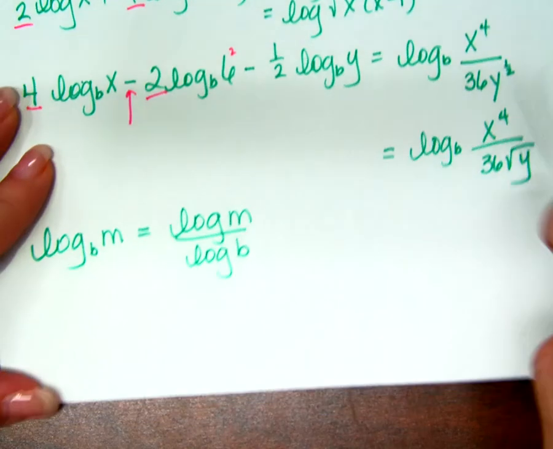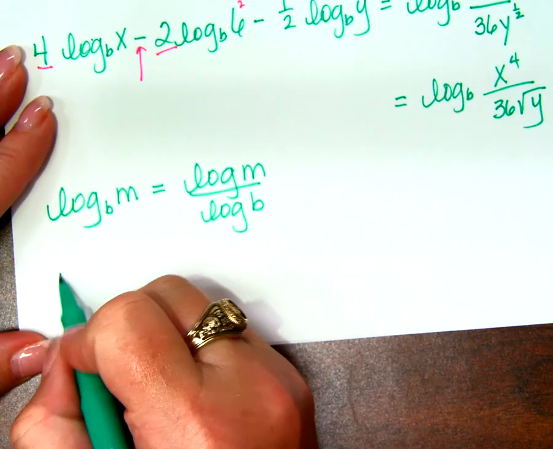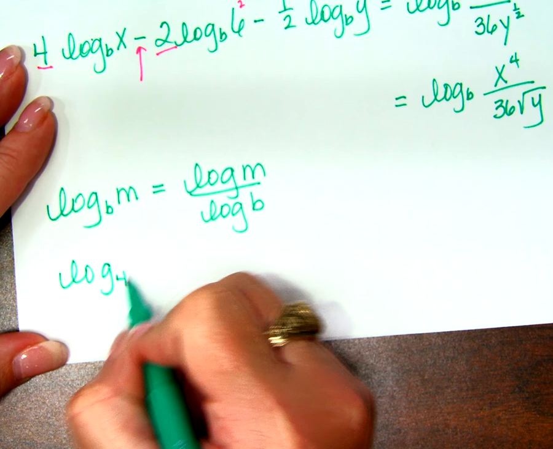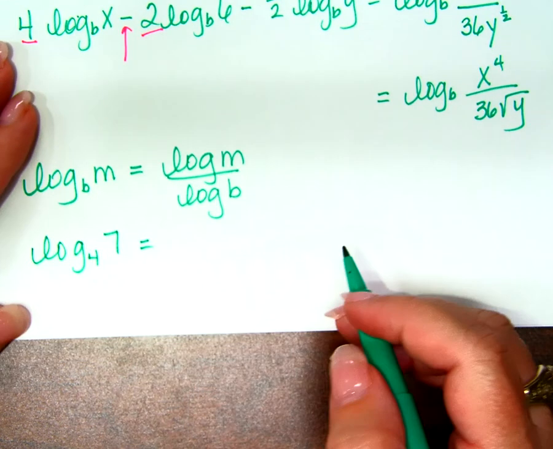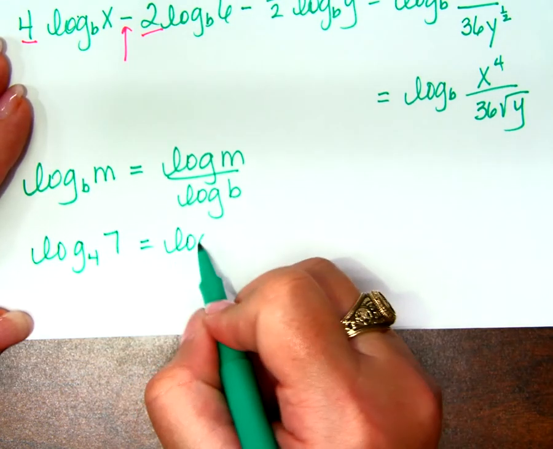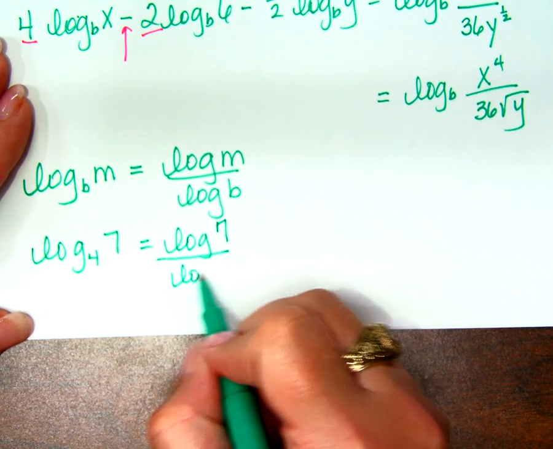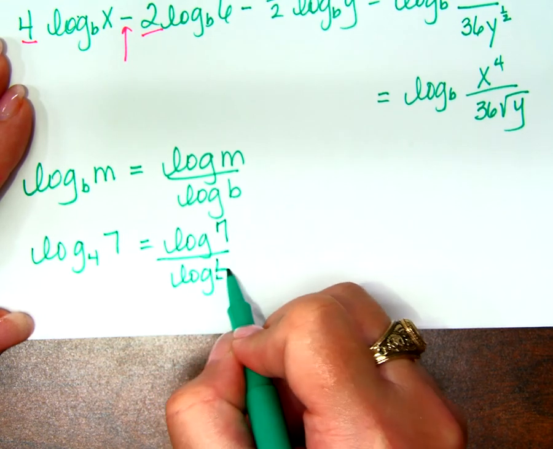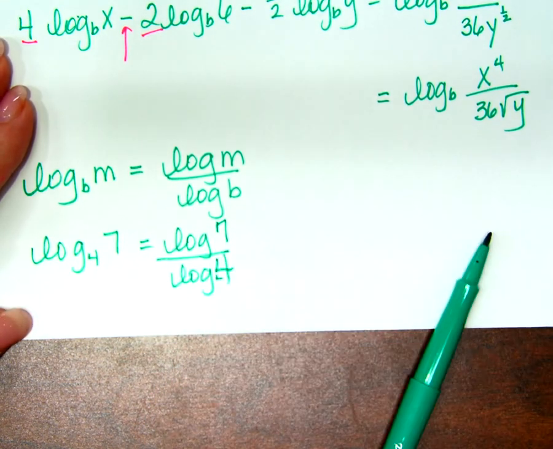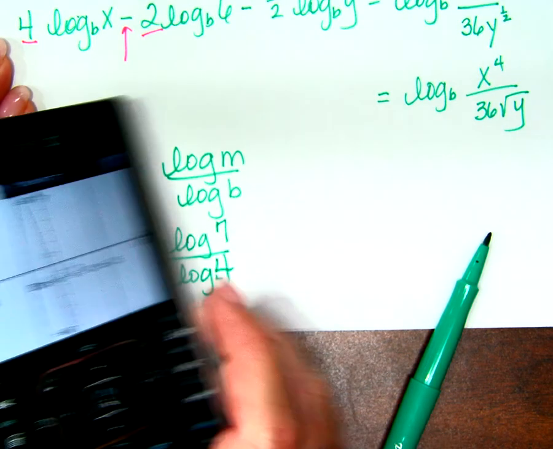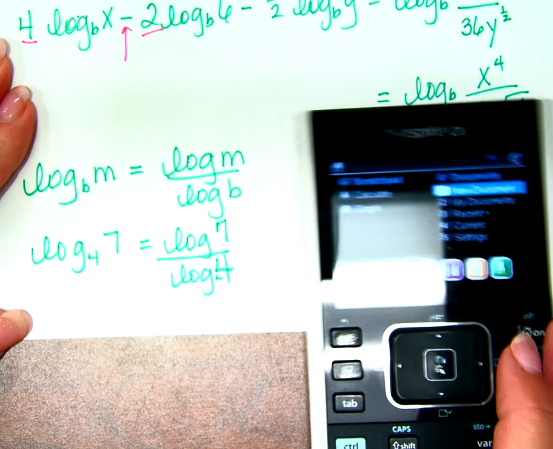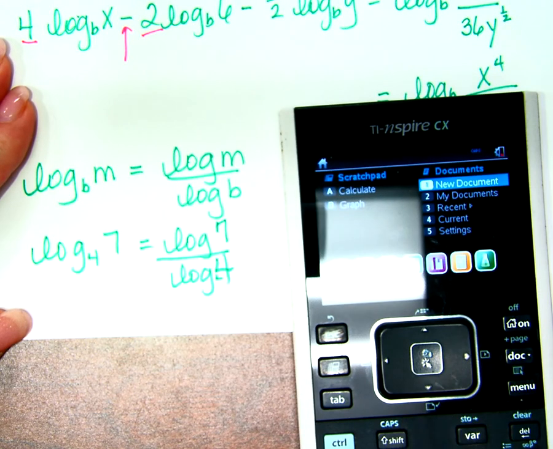So if I ask for log base 4 of 7, what is that going to end up being? Log of 7 divided by log of 4. I always write in the base on accident. So in my calculator, which I know you can't see, give me a second and I'll fix it.